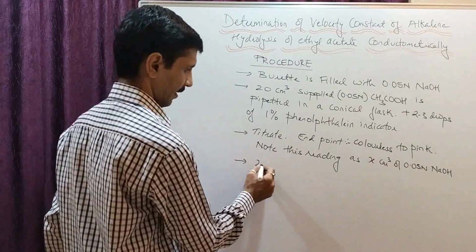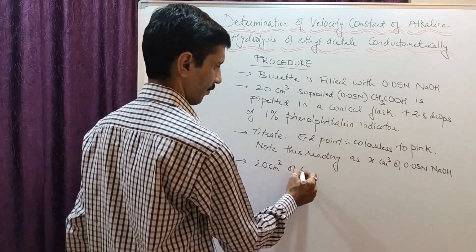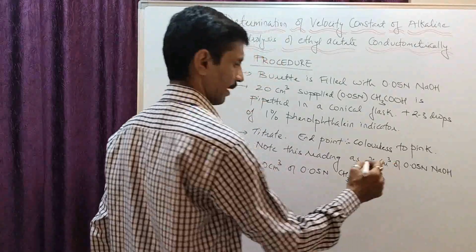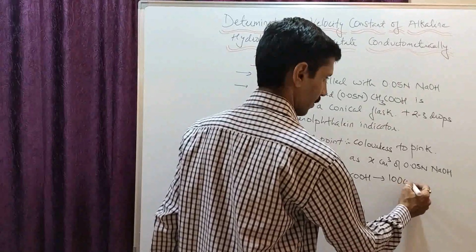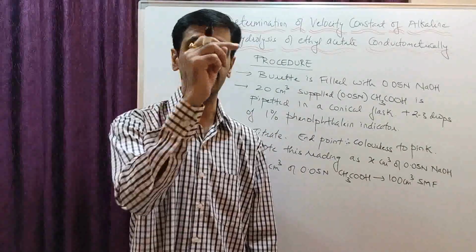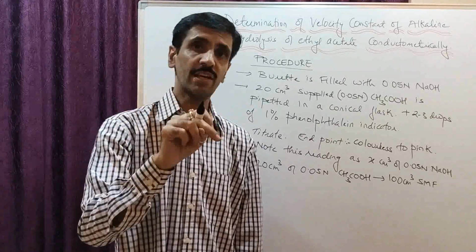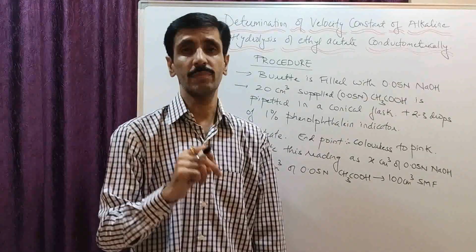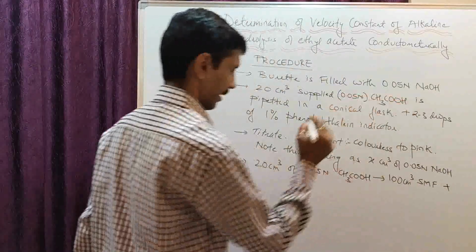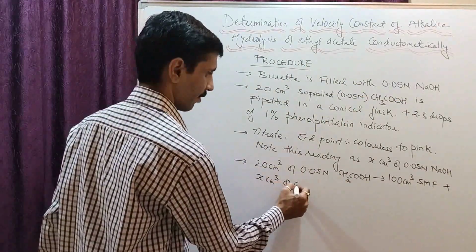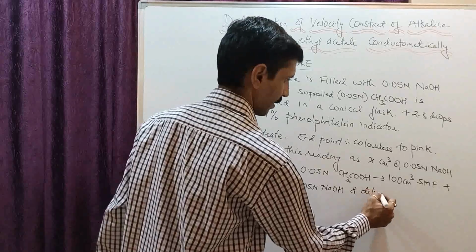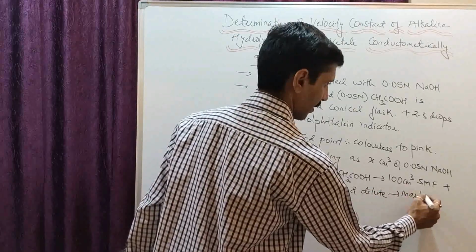Once again, we take 20 cm cube of 0.05 normal acetic acid, but this time we take it in a 100 cm cube standard measuring flask. A 100 cm cube standard measuring flask comes with a mark, so you have to take it in that. In the previous case you took it in a conical flask, but this time you are going to take it in what? Standard measuring flask. Into this, add x cm cube of 0.05 normal NaOH and dilute up to the mark with distilled water.